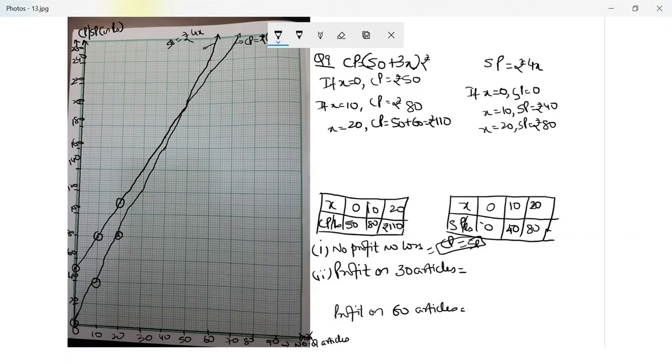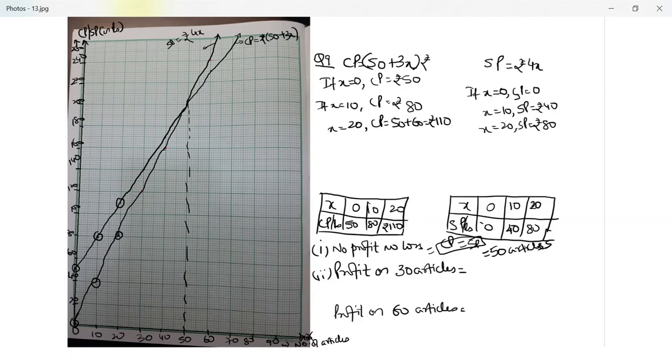So number of articles, and this is at article number 50. You will draw a dotted line from here onto the x-axis, because x-axis is where we are plotting number of articles. So for no profit, no loss, number of articles is equal to 50 articles.